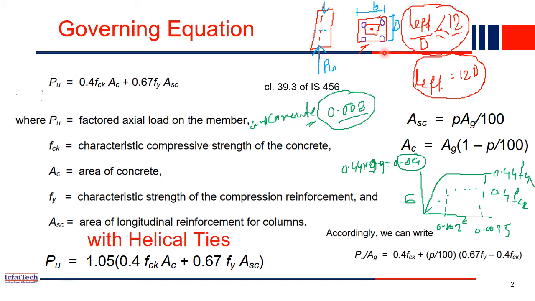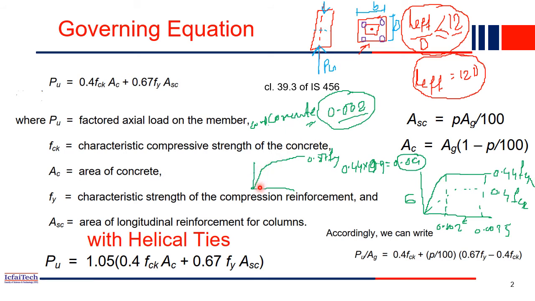the steel also will take some load. The steel, or whatever number of bars we provide, will take some amount of load. So how much will the steel take? If you recall the stress strain diagram of steel, we considered it something like that, and the maximum value was 0.87 Fy. That 0.87 Fy corresponds to the maximum strain, whereas here the strain level at which the compression member will fail is 0.002.